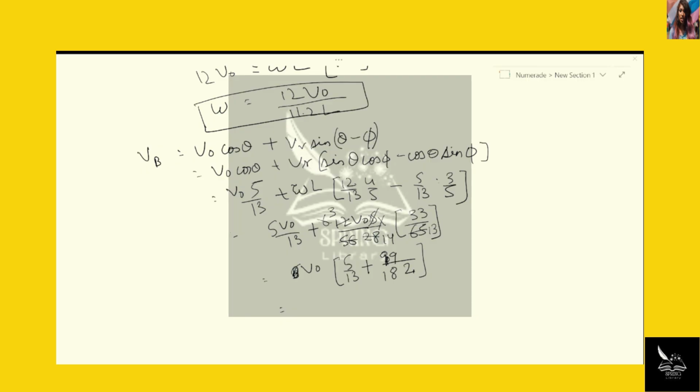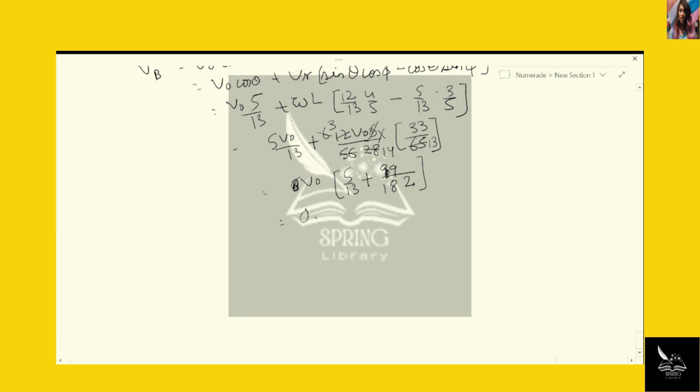So this number turns out to be 0.93. So it's 0.93 V naught.